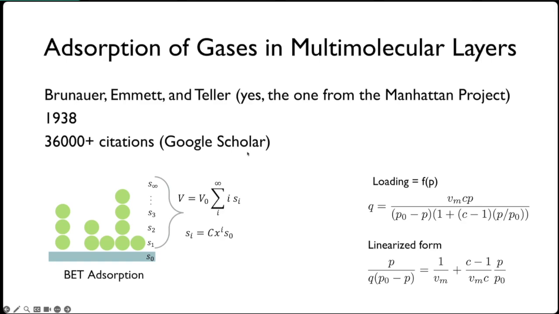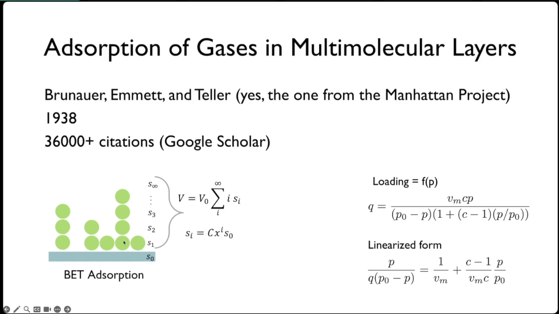different kinds of relationships. But the bottom line is you end up with this equation for loading as a function of pressure. And then you have two unknown parameters, this Vm, which corresponds to the volume of one monolayer of molecules on the surface of this.